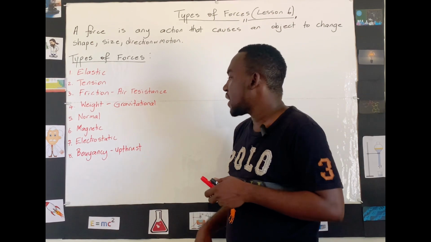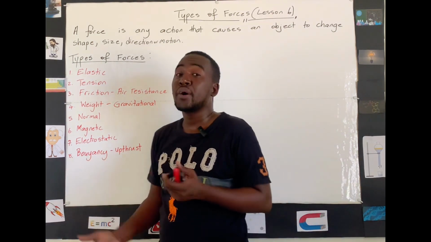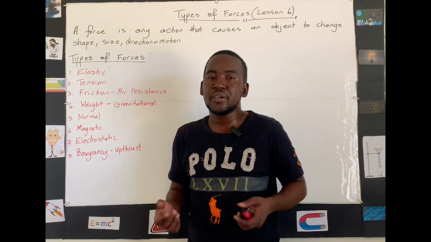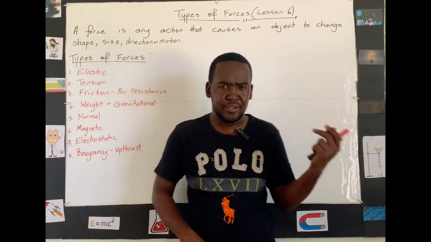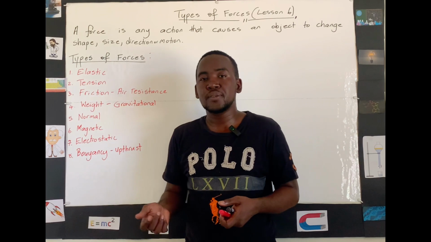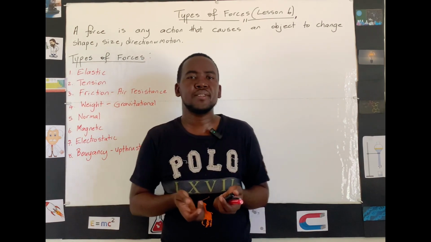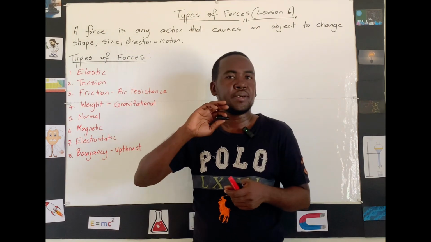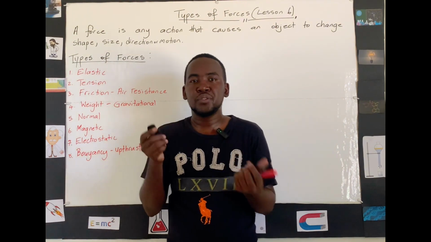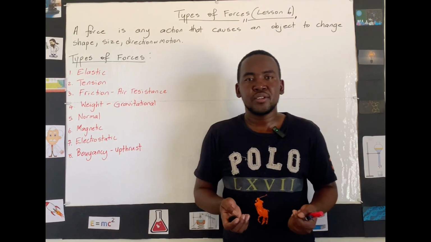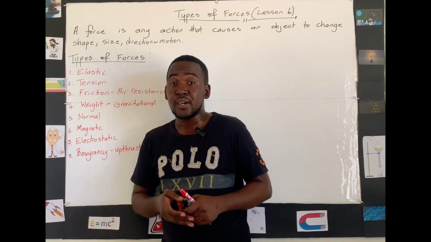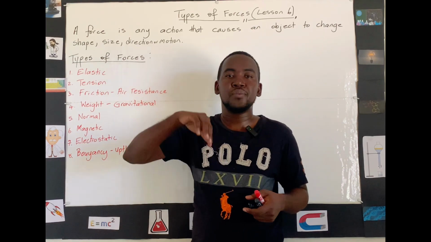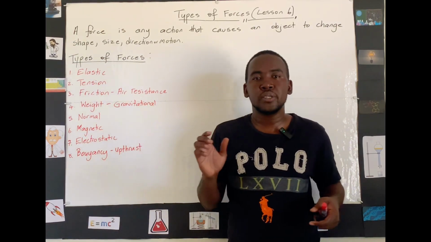Now finally, the type of force we look at is called the buoyancy force or the upthrust force. And this is where in fluids, that's either in air or in liquids, when an object is placed in it, there is a force that tends to want to push it up. Right? So therefore, when we put something in the water, the water particles are actually generating a force upwards to try to keep the object on top of the water.